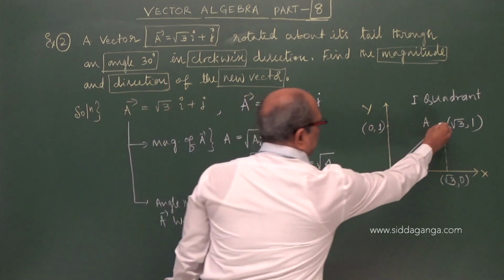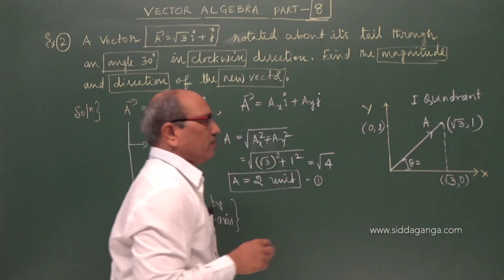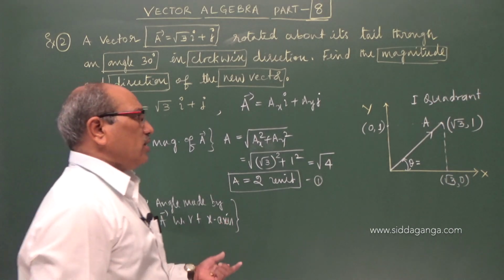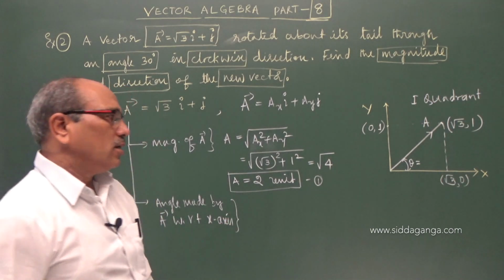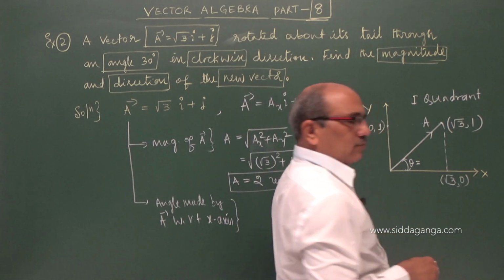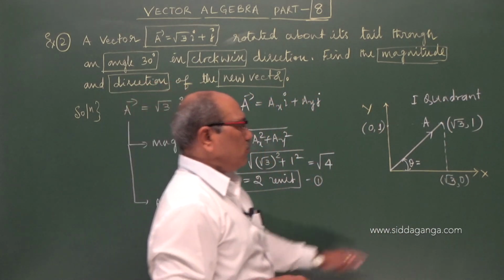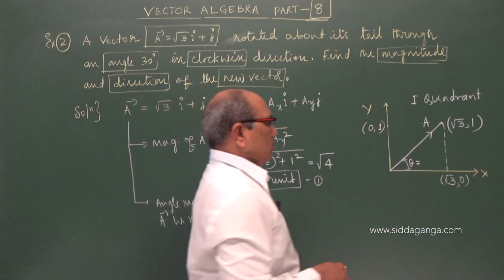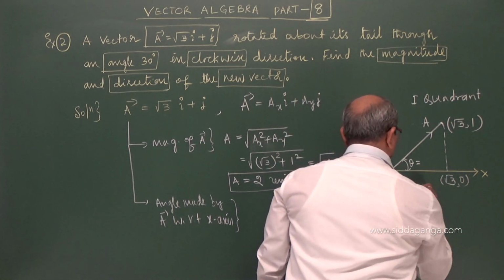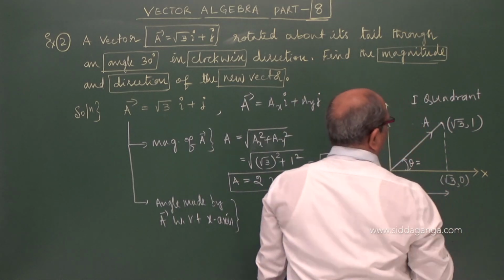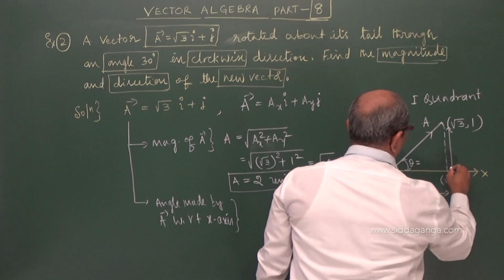So drop the perpendicular from the tip and you can calculate the angle. When you drop it, you come to know this value is root 3, and this value is 1.